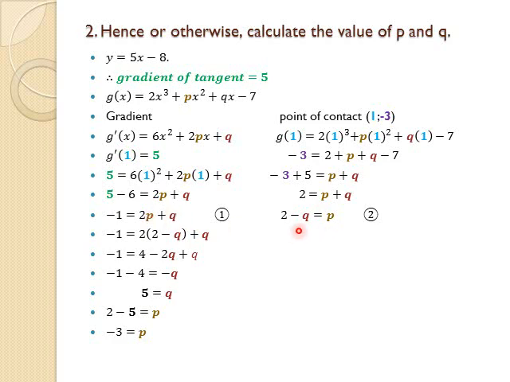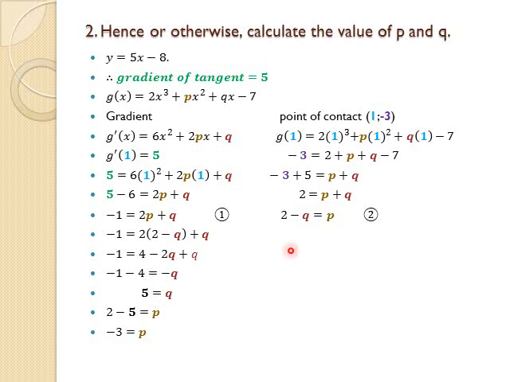So p is 2 minus q, so it becomes 2 times (2 minus q) plus q. 2 times 2 gives me 4. 2 times negative q gives me negative 2q plus q. If I take 4 across, it becomes minus 1 minus 4. Minus 2q plus q gives me negative q. Minus 1 minus 4 is negative 5. So therefore q equals positive 5.